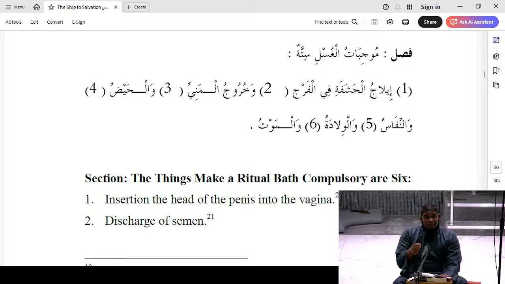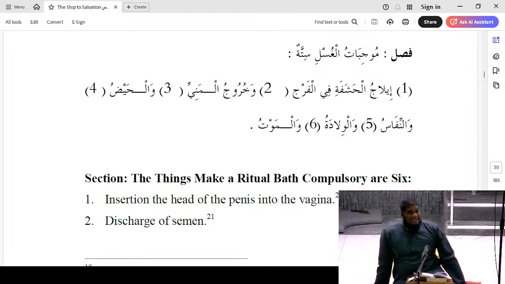If you go on page 17, it says it comes in spurts by contraction with sexual gratification. So there must be some ladha, some gratification where you enjoyed yourself. There's some satisfaction when it comes out. Are you with me? And it's moist and it smells like dough. And when it's dry, it looks like a white egg. Khair? So these are the qualities of what is called mani.